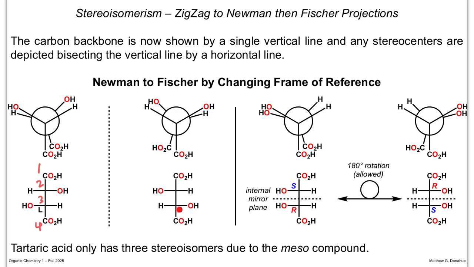And remember, that designator only corresponds to that one stereocenter. So when you eat food and there's glucose in it, it's going to be D-glucose.